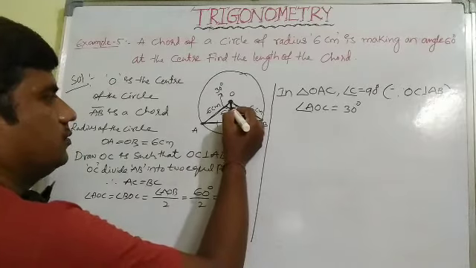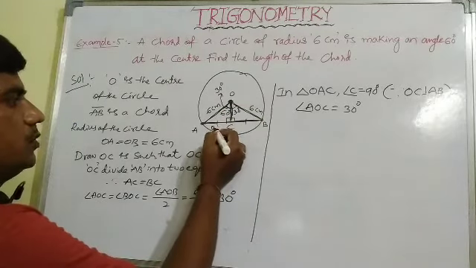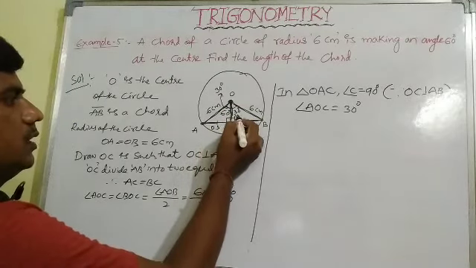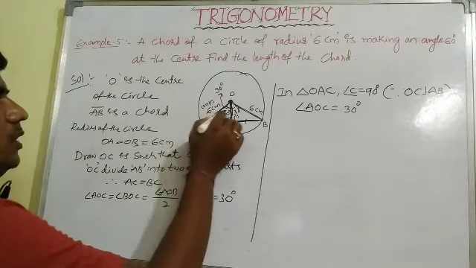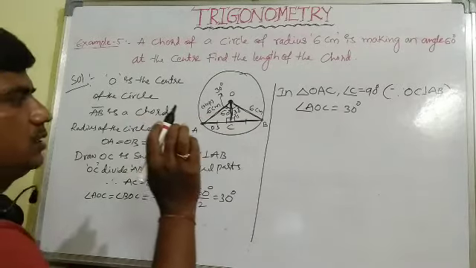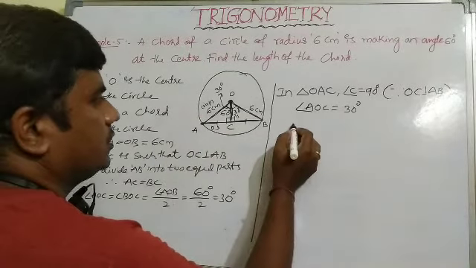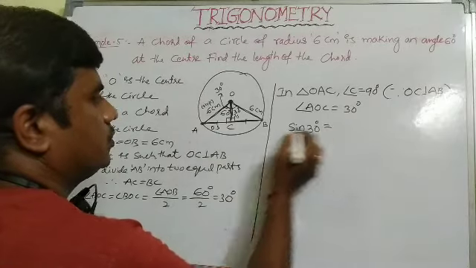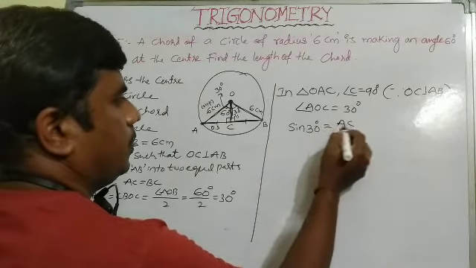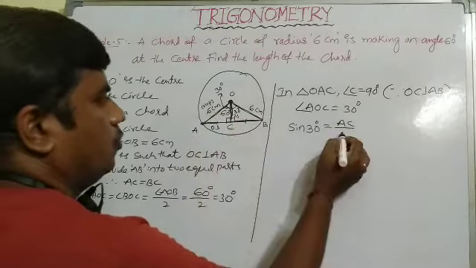See, when you take this angle, this is the opposite side, this is the adjacent side, and this is the hypotenuse. Now we know the hypotenuse and the angle, so we can find the opposite side by using sine 30 degrees. Sine 30 degrees equals AC by OA.